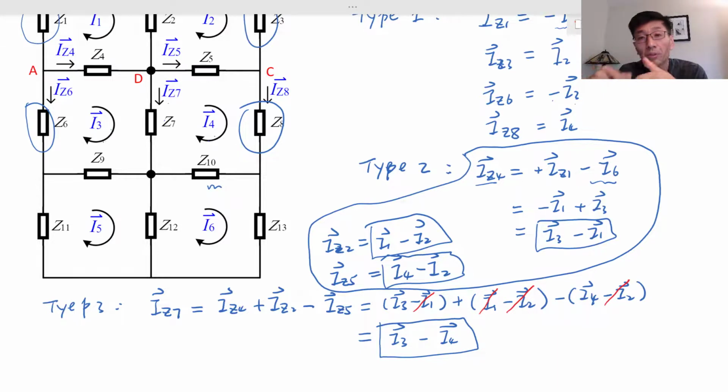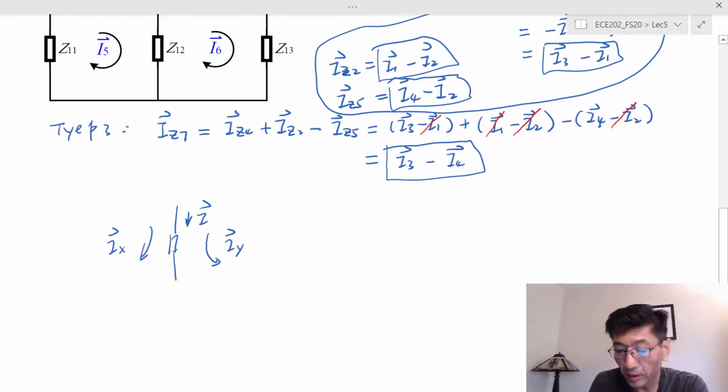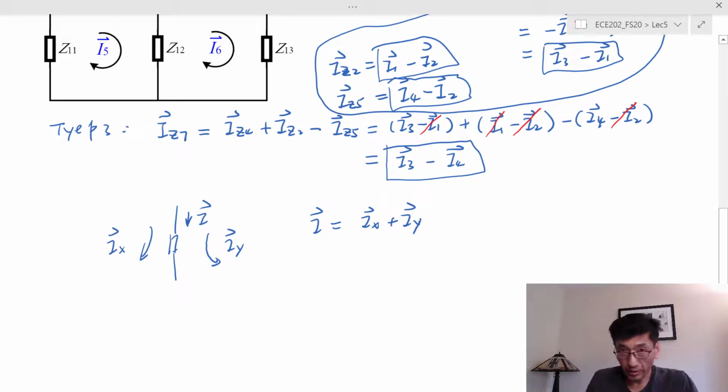So if you label this element I, and you have I sub x and I sub y, and you choose one mesh in the clockwise direction and the I sub y in the counterclockwise direction, then I is just equal to I sub x minus I sub y, right?